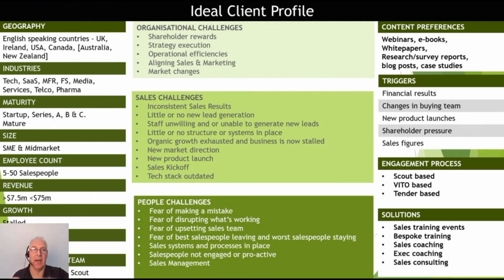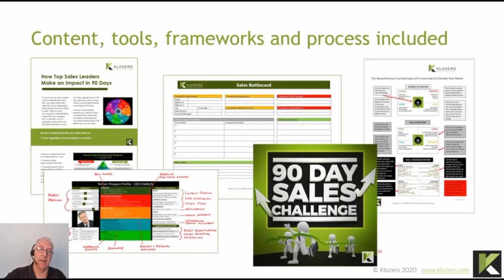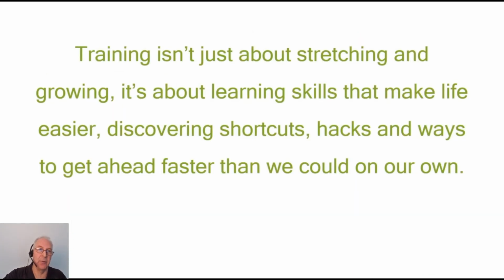Inside the Teams channel, you've got access to all these different templates and tools that we use: ideal customer profiles, perfect prospect profiles, so that you can make sure you're fast tracking your sales. I've lost track, I think there's around 100 different templates that you would get access to.